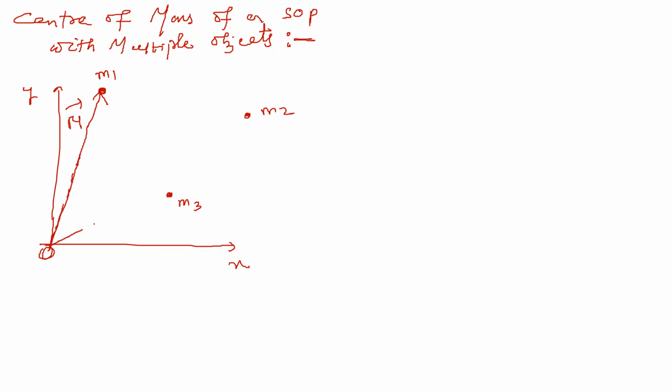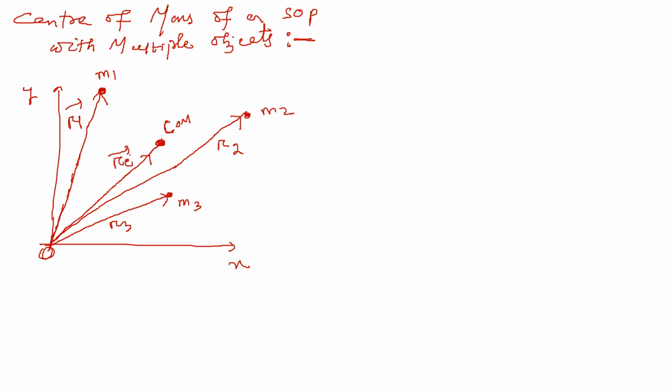Let the position vector of m3 with respect to origin be r3, and the position vector of m2 with respect to origin be r2. Understood? And let this be the center of mass, and let the position vector of the center of mass be RC.